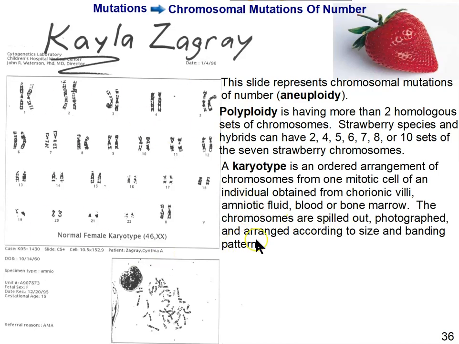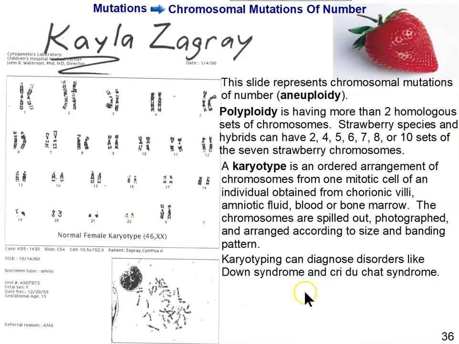So like I said, this is a karyotype. I've already described that. So it's basically the chromosomes from an individual arranged into pairs and in order according to size and banding pattern. But we can look for chromosomal mutations of both structure and number from this. So it can diagnose things like Down syndrome, which would be an extra chromosome 21.